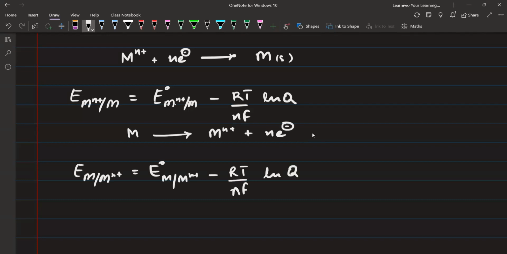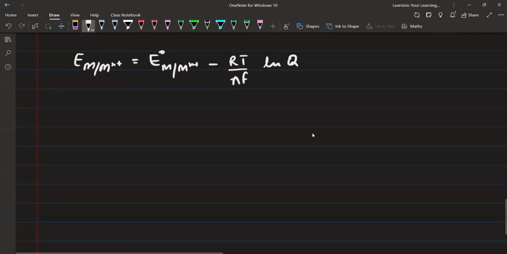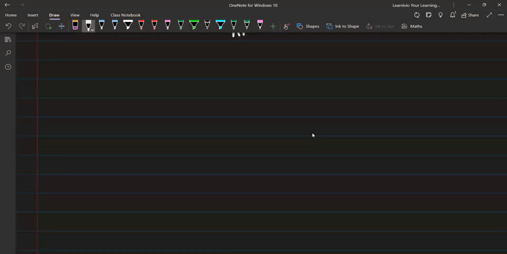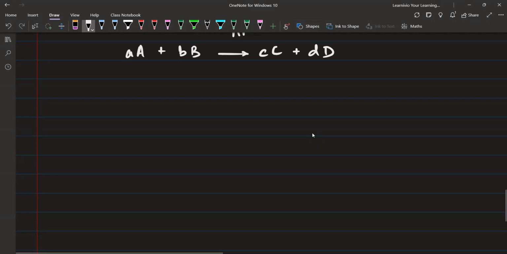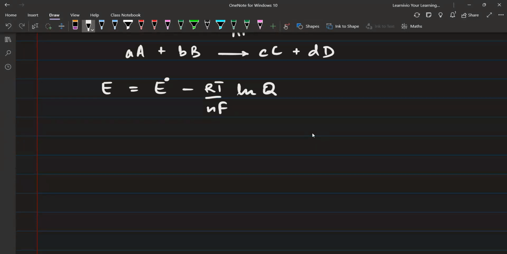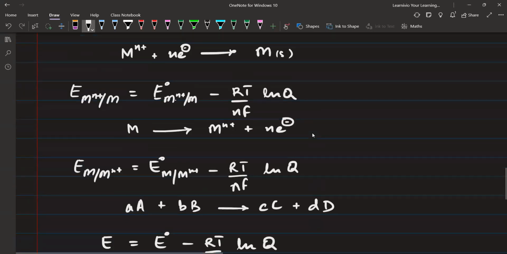Or if you have a complete cell reaction like this, suppose you have aA plus bB gives cC plus dD. In this, small a, small b, small c, small d are all numbers, stoichiometric coefficients. So for this, we can write the EMF of this cell will be equal to whatever the E naught of this cell is minus RT upon nF into ln Q. Now you can see that what we are changing is only the E naught.